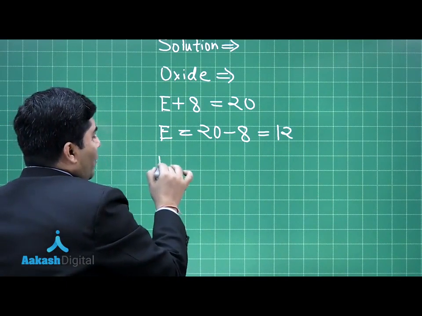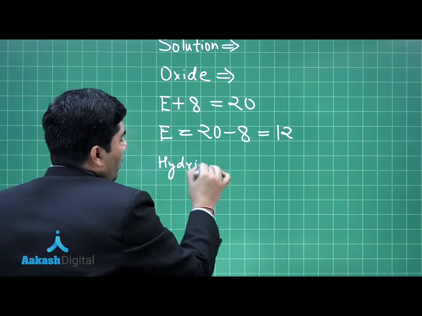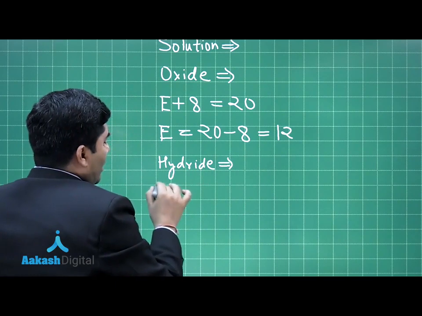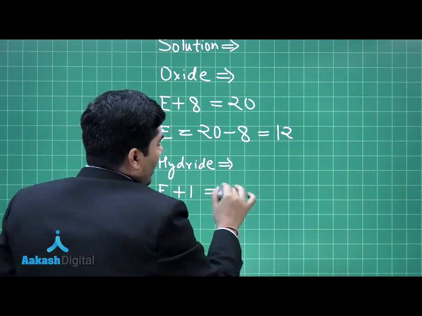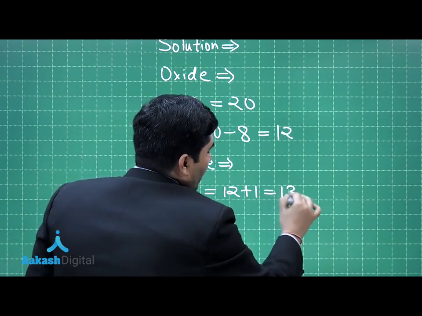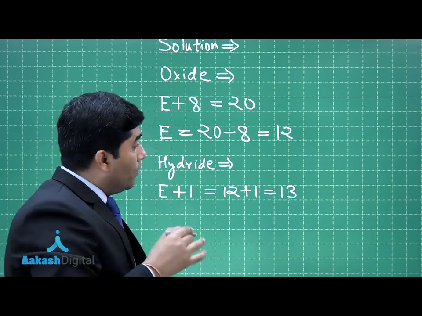In the case of hydride, it is E plus 1. Therefore, it will be 12 plus 1 is equal to 13. So, the equivalent weight of hydride in this case is 13.